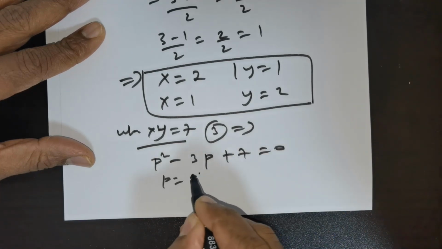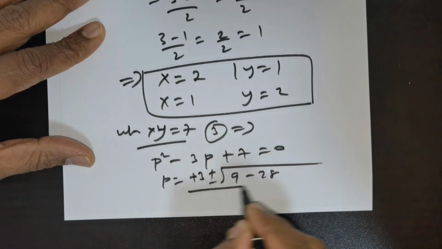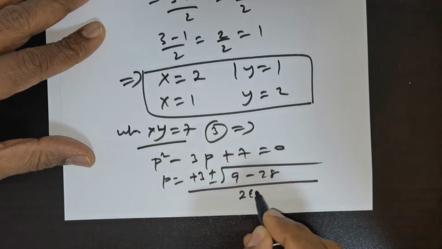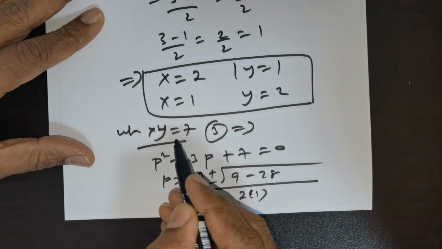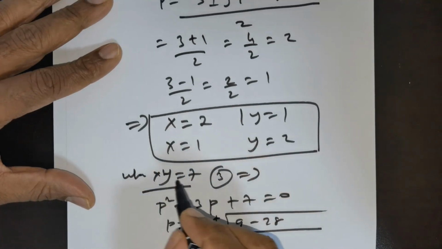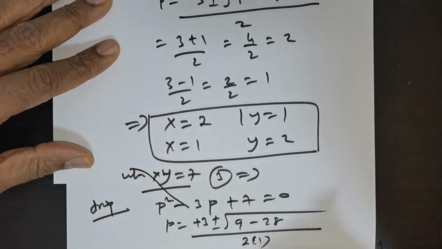So p is equal to 3 plus or minus root of 9 minus 28, divided by 2 times 1. Now you see here, this is giving me a complex root. So xy is equal to 7 has to be dropped. So this one you drop it. Why? Because we are looking only for real solutions.